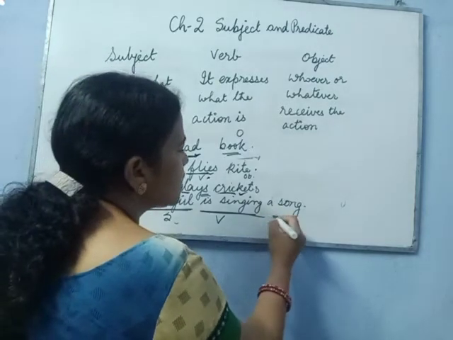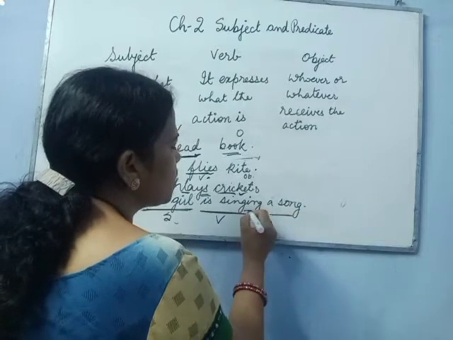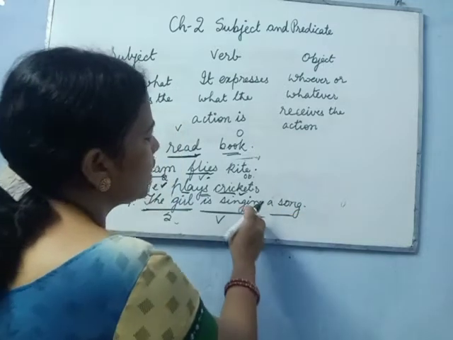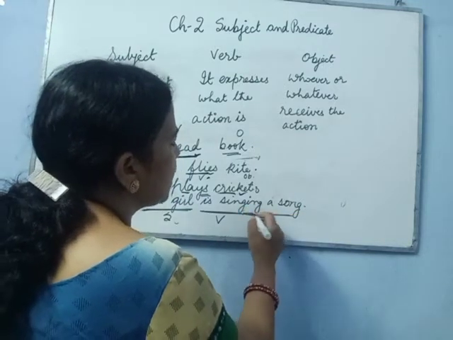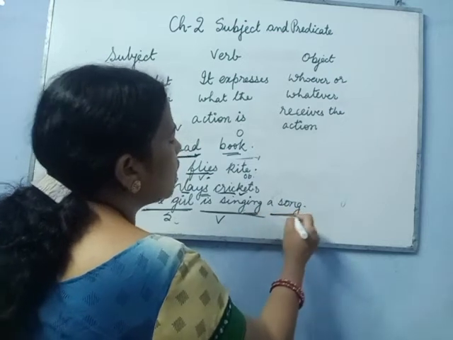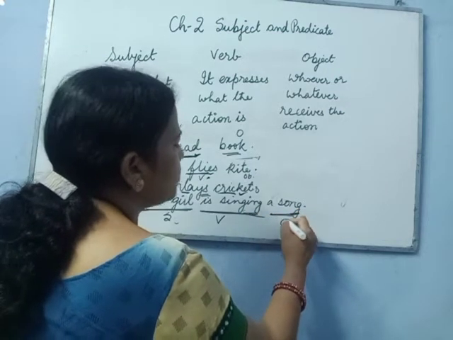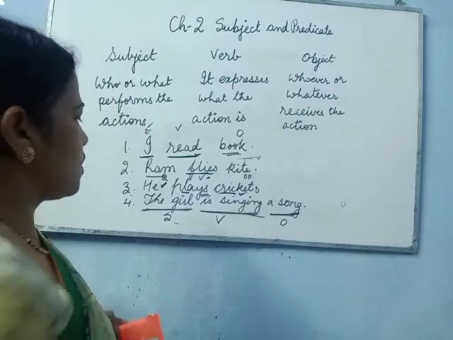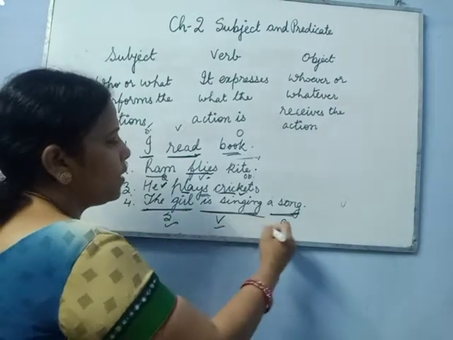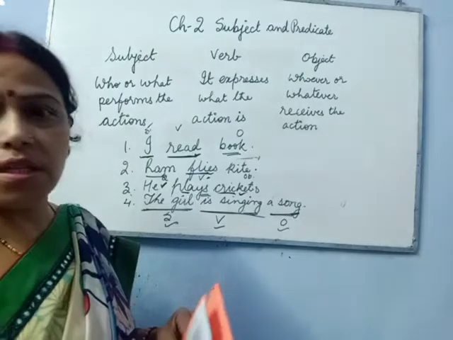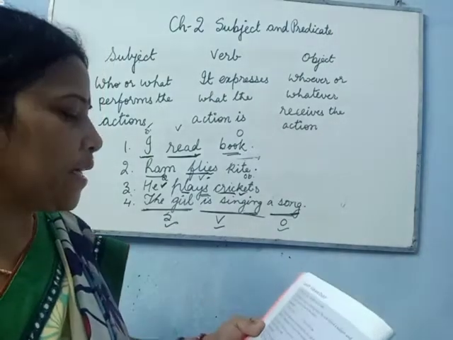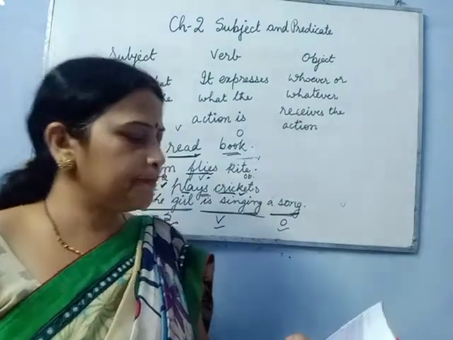So this song receives the action of singing. Okay, the action performed is singing a song. So this is the object. So subject, verb and object.